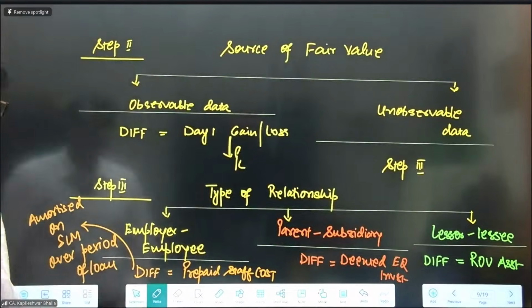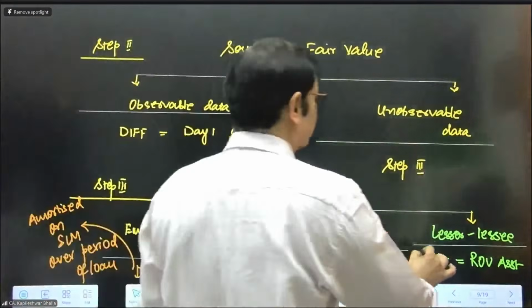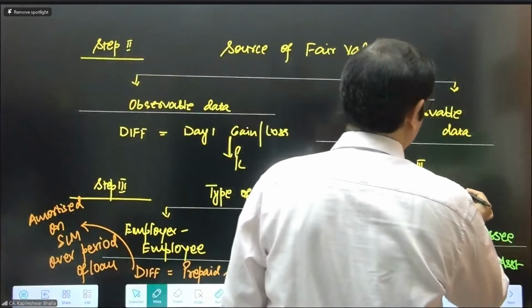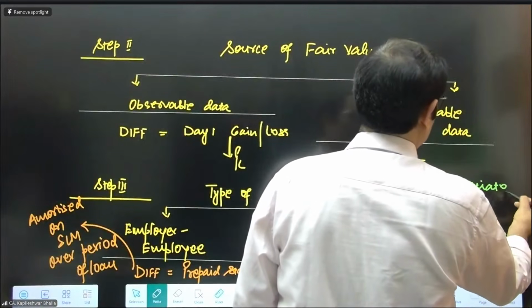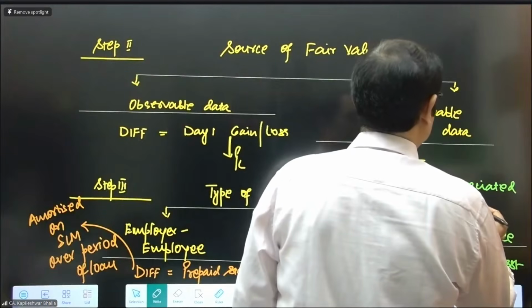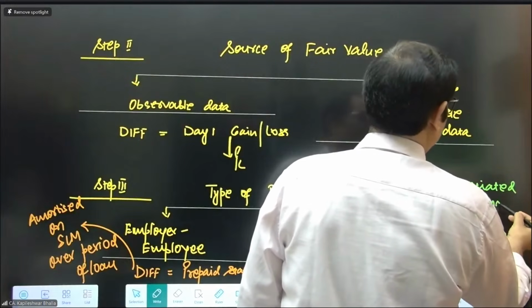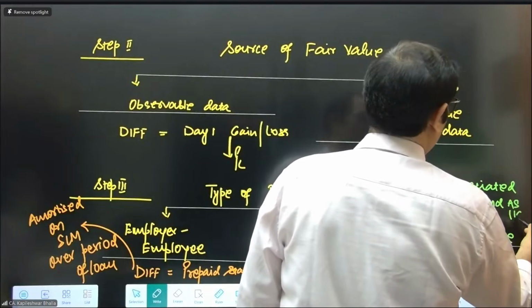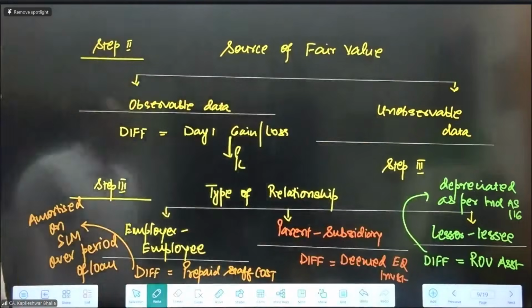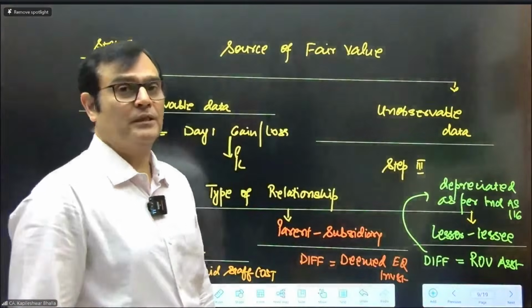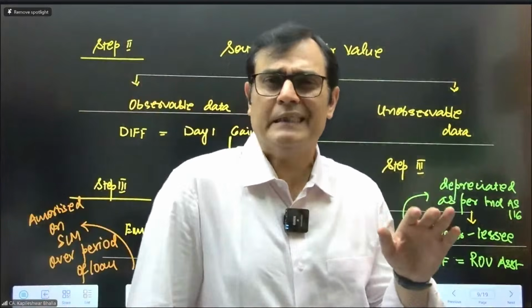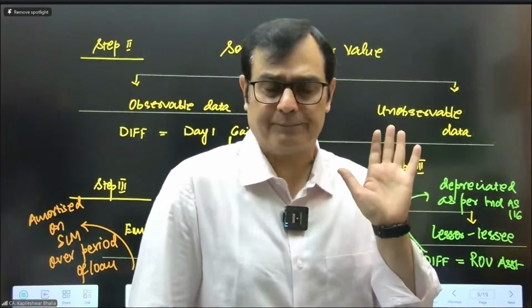This difference, the ROU asset, is going to be depreciated as per the lease standard, Ind AS 116, based on the lease term. Sometimes it could be a useful life, sometimes the lease term, depending upon Ind AS 116.